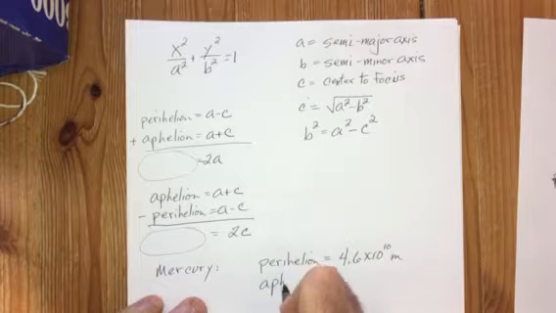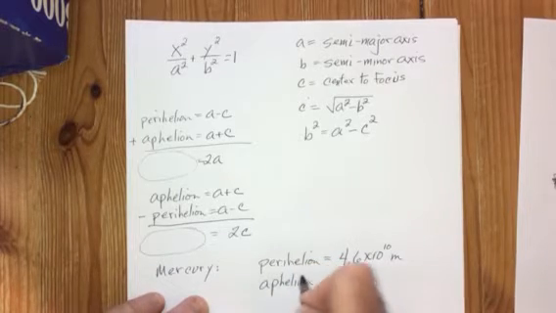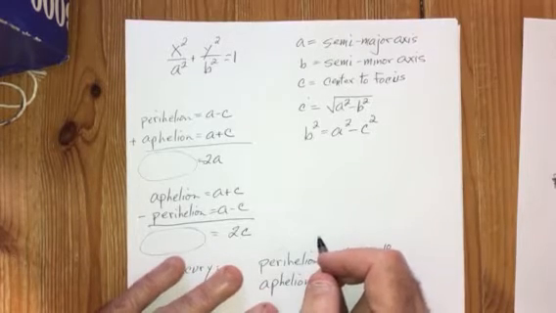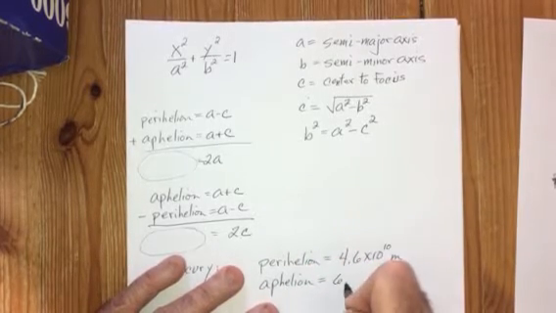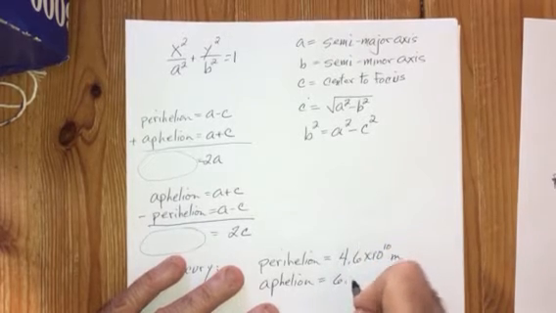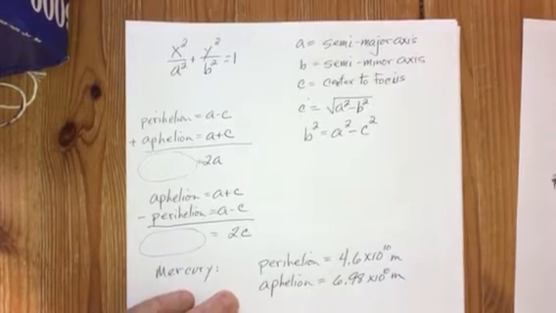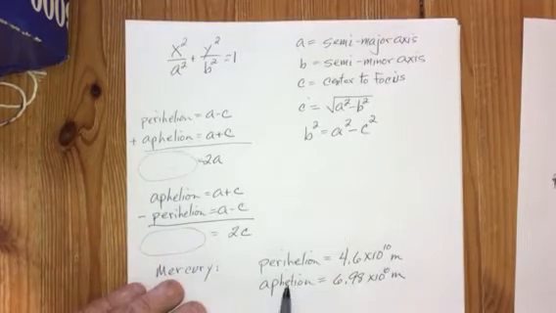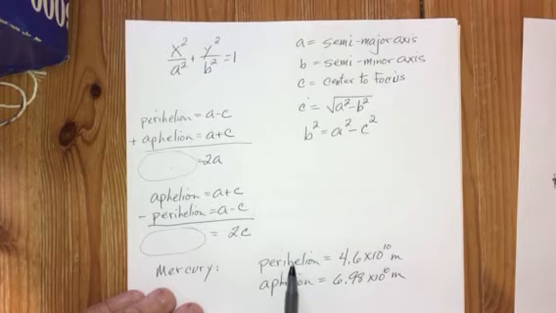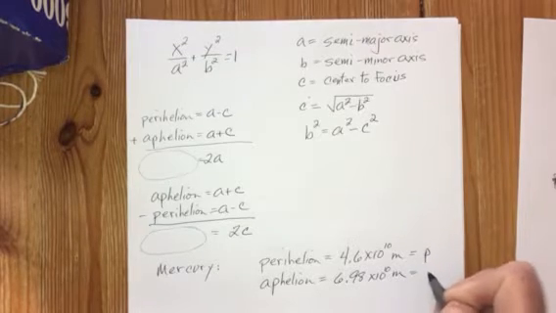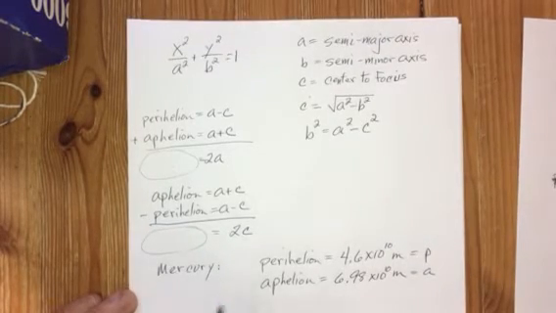And the aphelion for Mercury, we'll call it 6.98 times 10 to the 10th meters. Okay, so we want to add these two numbers together and subtract them. So let's call this one P, and let's call this one A. So we know that 2a is going to be equal to P plus A.